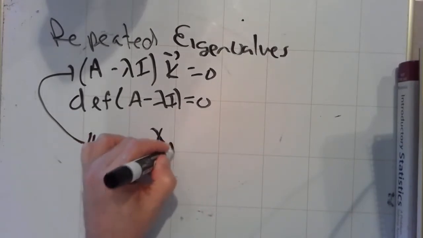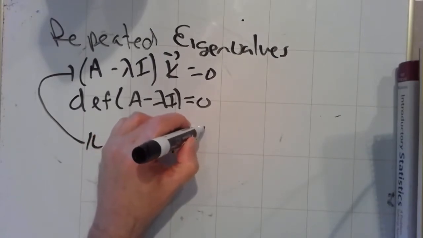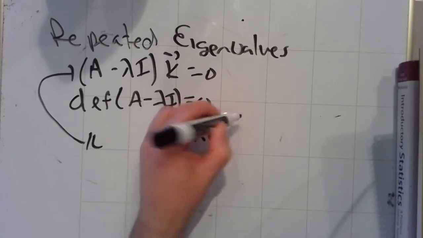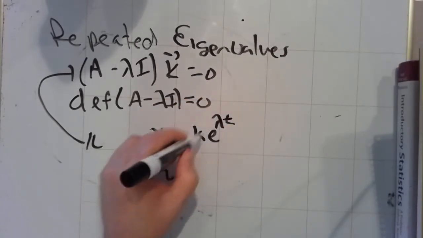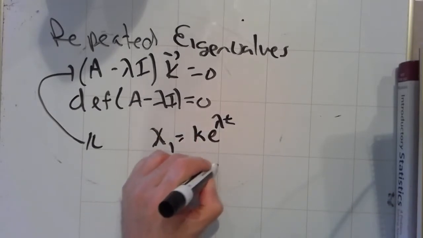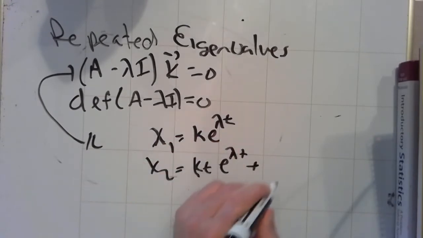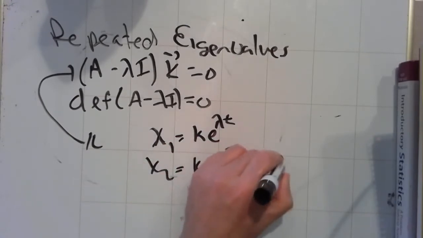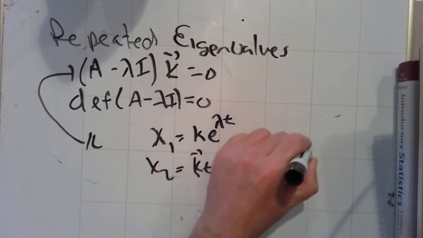So x1 will be that k e to that lambda t. x2 will be that times an extra t. We pick up an extra t just like we did in one dimension. But now we need to add on this extra particular solution, some vector p times e to the lambda t.